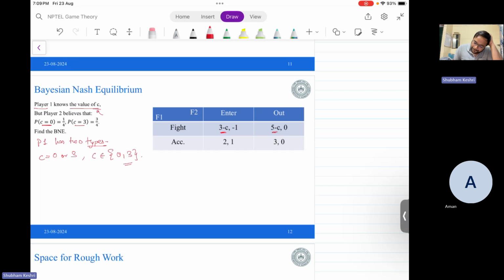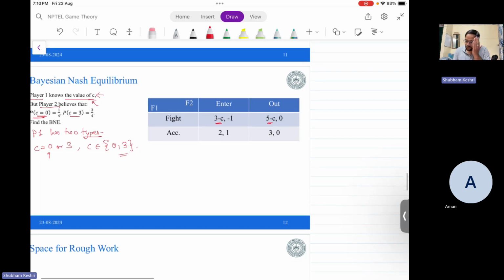So player 1 is of two types and player 2 is of one type, but he believes that C takes value 0 with probability 1/4 and C takes value 3 with probability 3/4. So therefore, player 1 of type A will be there 1/4 of the time and player 1 of type B will be there for 3/4 of the time.